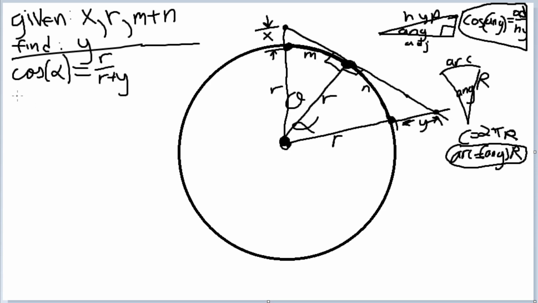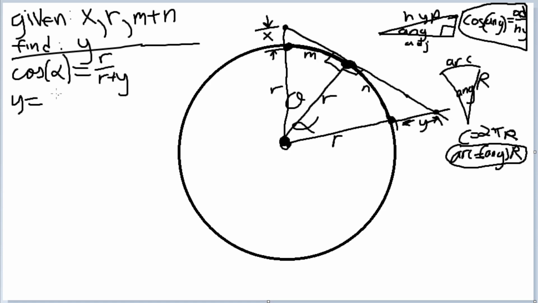So that means we can actually solve for y. This equation is simple to solve for y. You just bring the r plus y over here and put the cosine alpha down here, and then subtract the r at the end, right?